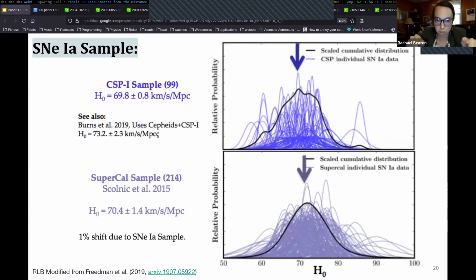You take these distributions and get the highest likelihood H0 from them. The values are reported in that paper, and they differ by about 1% just by switching these samples. There are objective and subjective reasons why either one might be the one you want to take, but I do think it's important to keep that in mind.